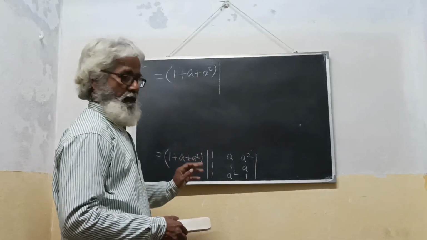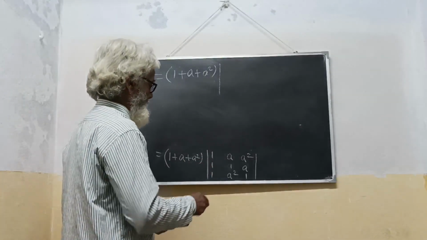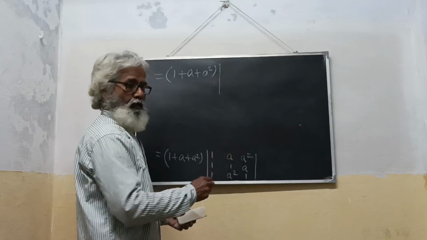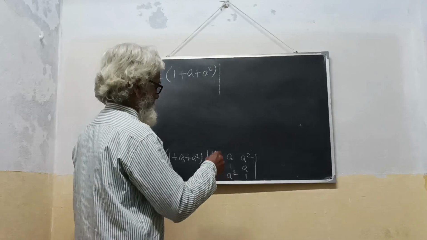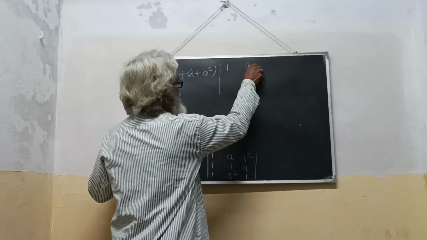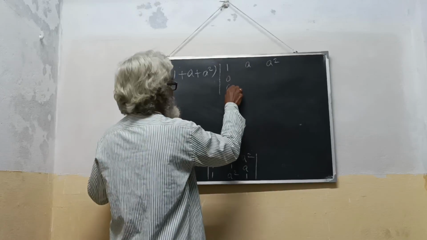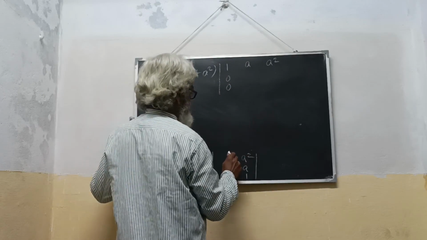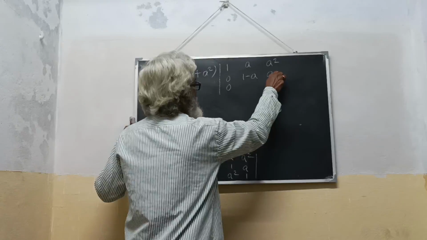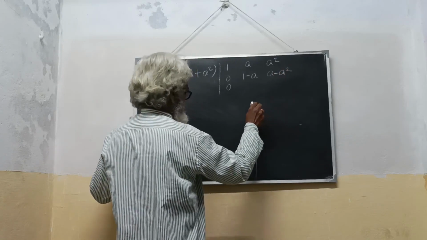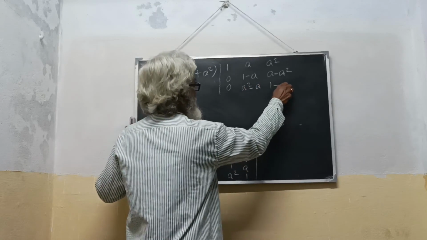If all the elements of a row or column are exactly the same, then if they belong to the column, we subtract the elements of the first row from the corresponding elements of the other two rows. So we operate that. That is, we use the property. The determinant becomes: first row 1, a, a squared; second row 0, 1 minus a, a minus a squared; third row 0, a squared minus a, 1 minus a squared.